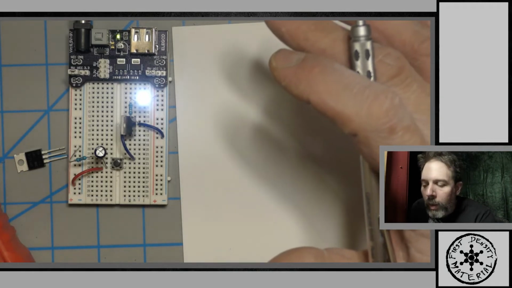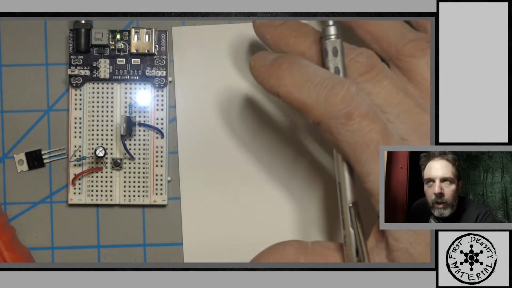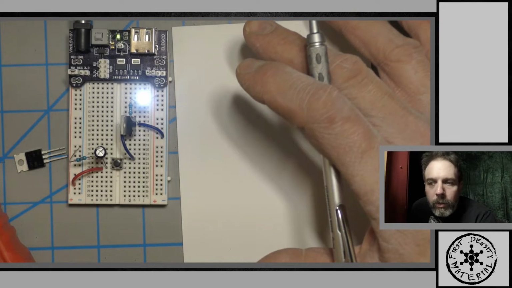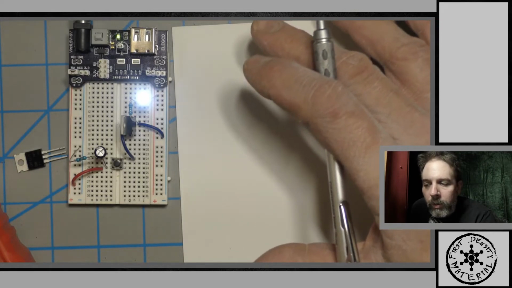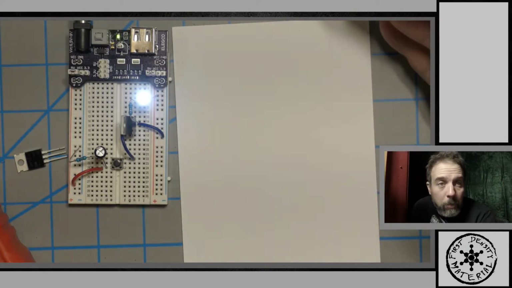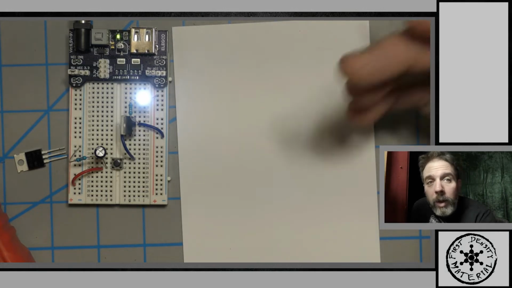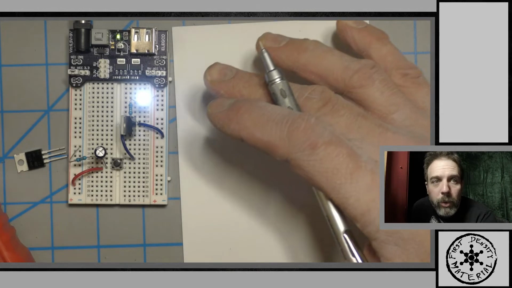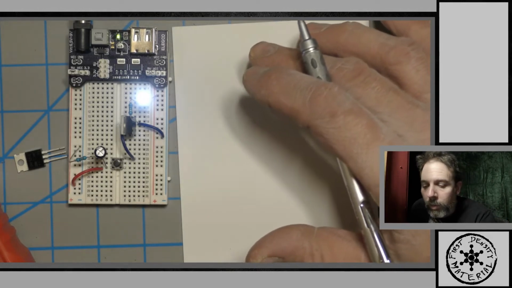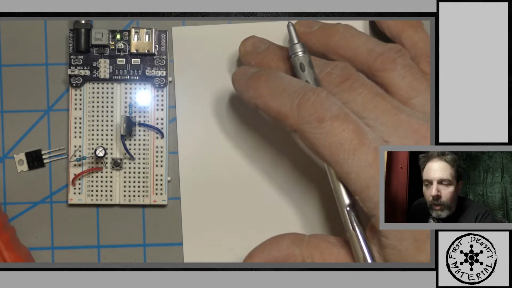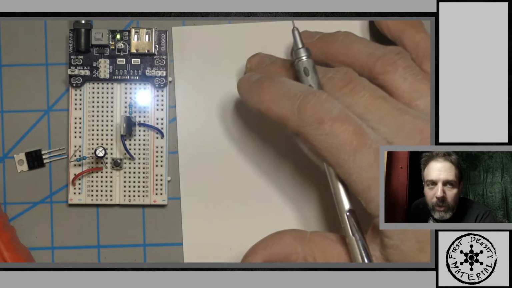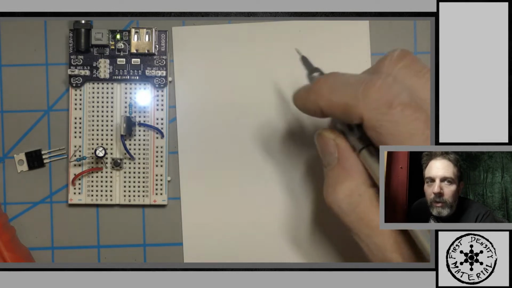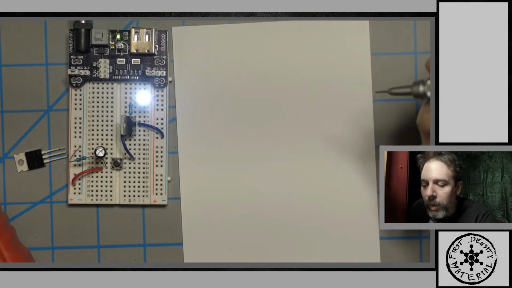One thing about reading schematics is you're always in the mode of reading schematics, but what if you built something and then wanted to make a schematic? It's a little bit different mindset to take it from breadboard to schematic. It's easier to read a schematic and then take it to a breadboard, but to reverse it is a little bit more of a mindset. There's no doubt about it.